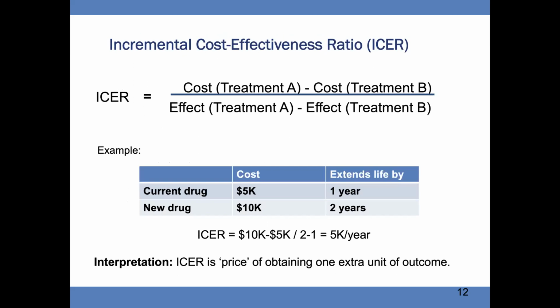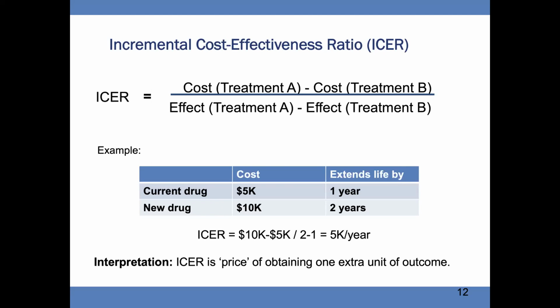So I talked about ICER earlier. Let's go into detail. How is ICER calculated? ICER is the main metric used in economic evaluation. It's routinely calculated and reported in cost-effectiveness analysis studies, so it is important that we understand this metric.